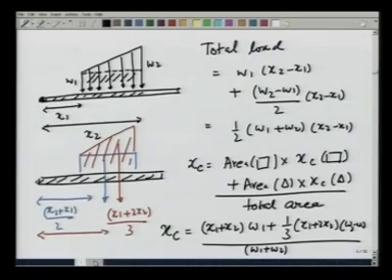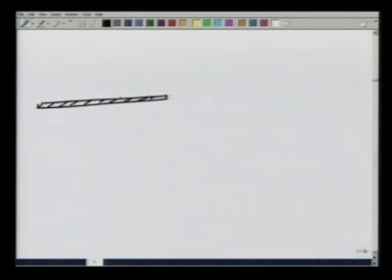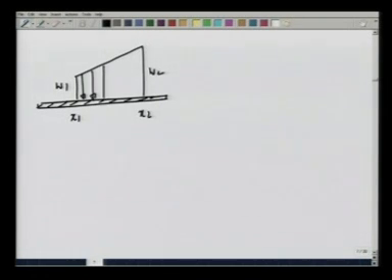Let me write it again. What we are considering is this beam which is loaded from point x1 to point x2 with this trapezoidal load.